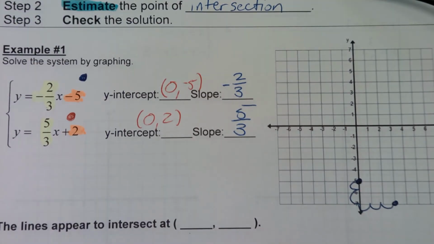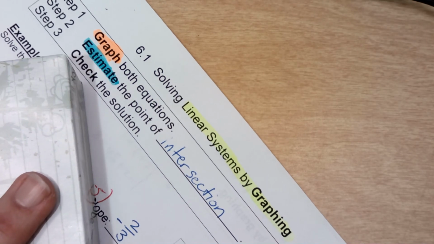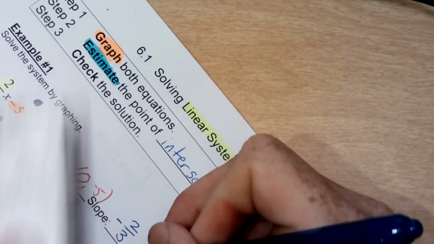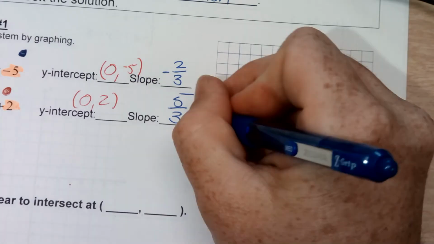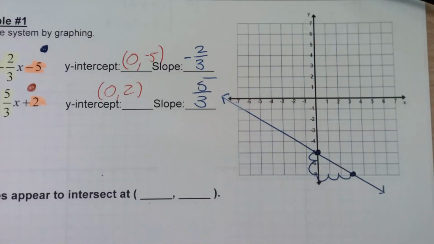I don't have access to my protractor right now, so I'm going to use this empty tissue box as my straight edge. Sometimes you got to be a little creative with the straight edges. Now I'm going to add my arrows because we are not done unless we add our arrows. So that's my first line graphed.